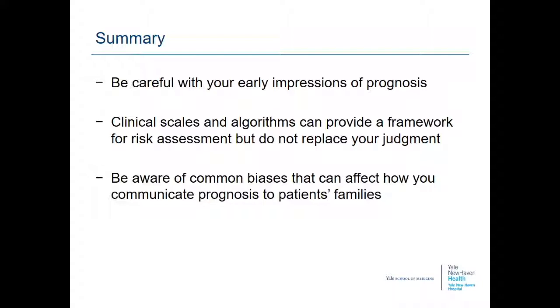And awareness of common biases that can affect how one communicates prognosis to patients' families is vitally important for making sure that we respect families' wishes and at the end of the day really try to achieve substitute judgment as best we can for those patients that can't communicate on their own.